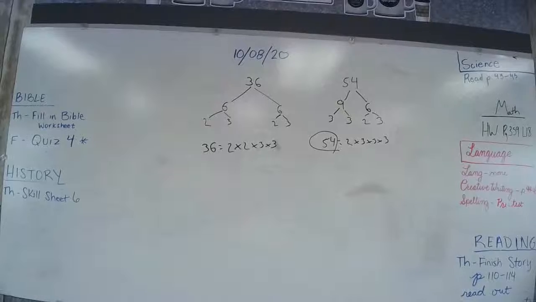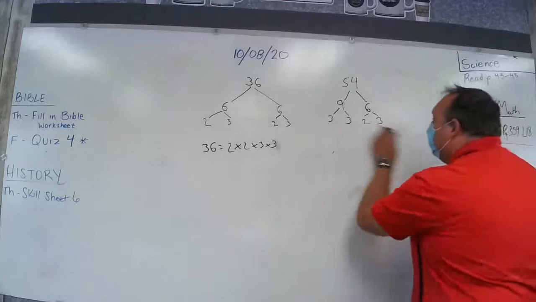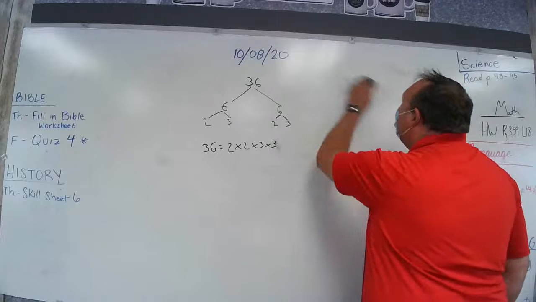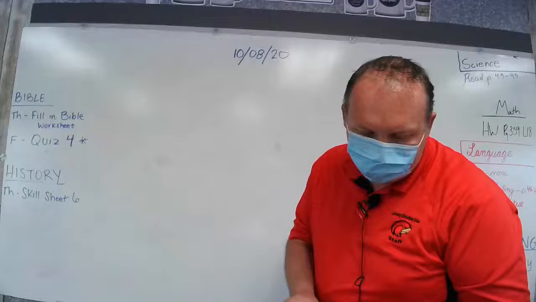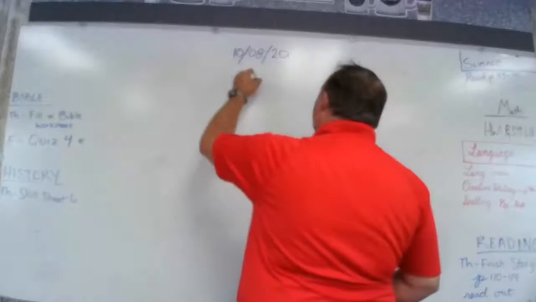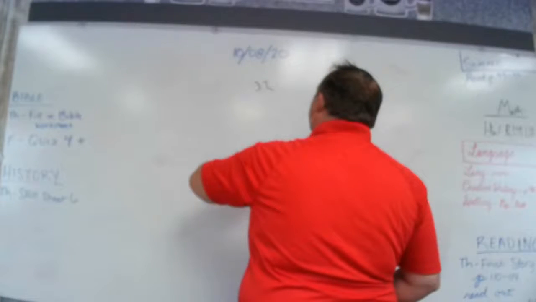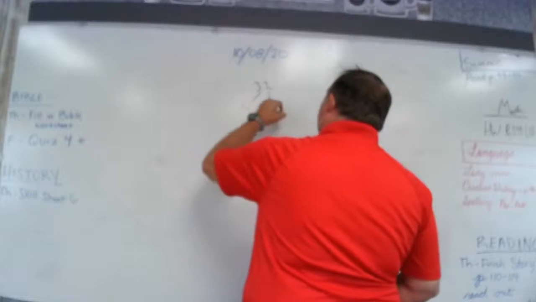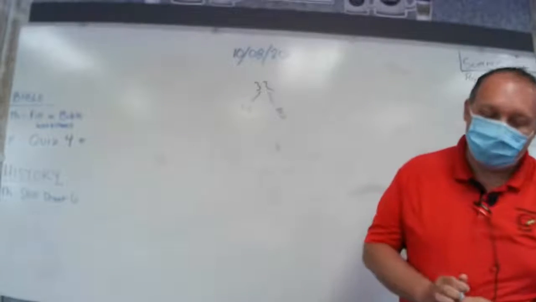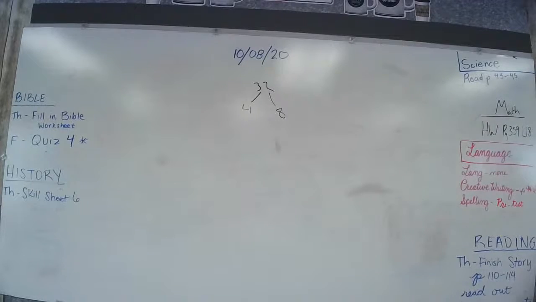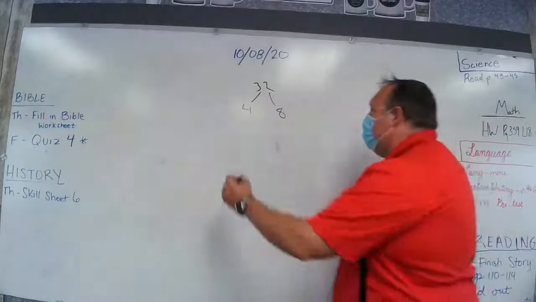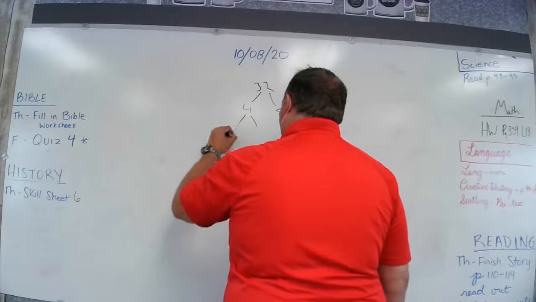All right, so I walked around and looked at everybody's stuff. And the one thing we're getting hung up on is letter B. Section 2, letter B. Okay? Everybody that I saw made it to this point.